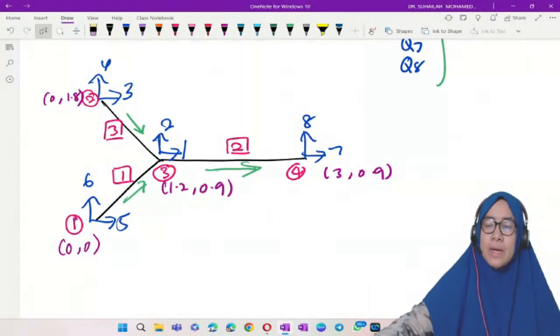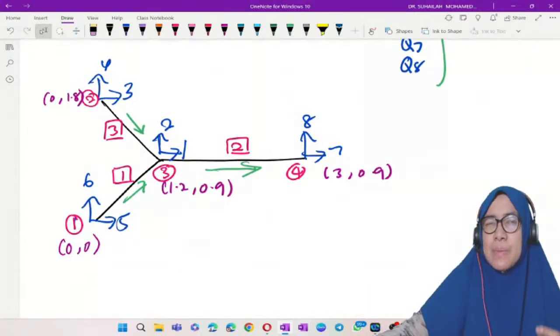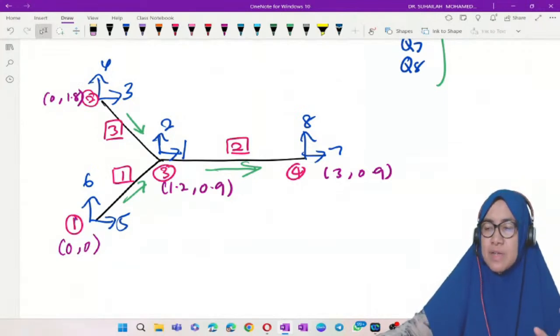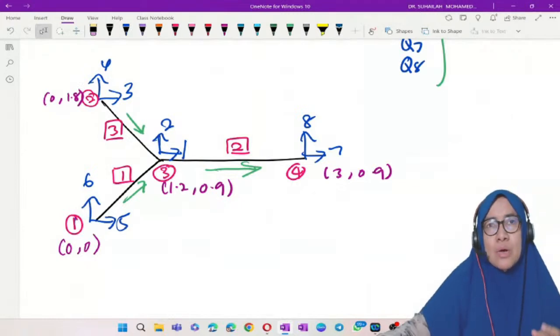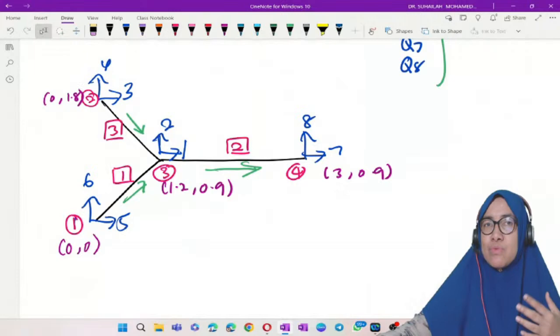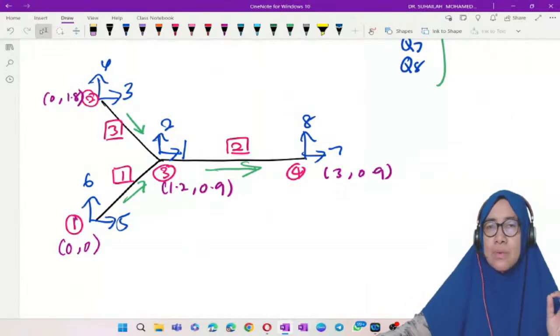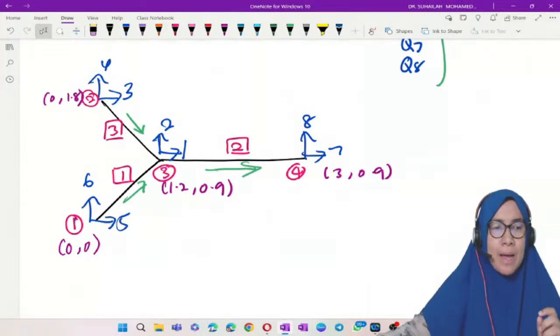Step number 1, we establish the element stiffness matrices. The concept in the stiffness method is that when we want to analyze a structure, we divide the truss or the structure into elements. That is why we have to start by establishing the element stiffness matrices K1, K2, and K3 one by one.